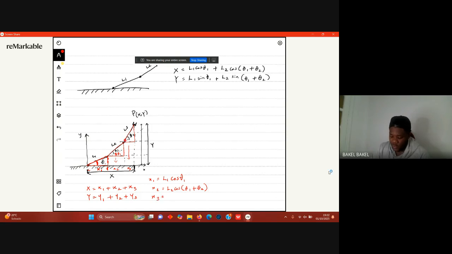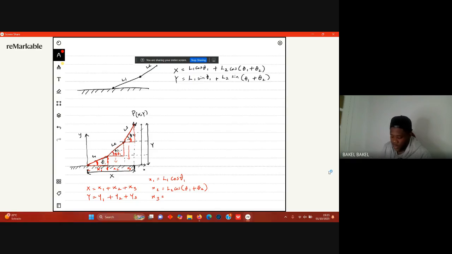Now we see we have this bigger triangle up here, and there's this angle that we don't have. But this angle is correspondent to these two angles at the same time.